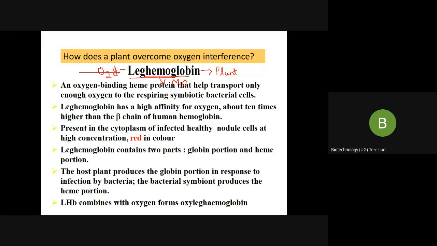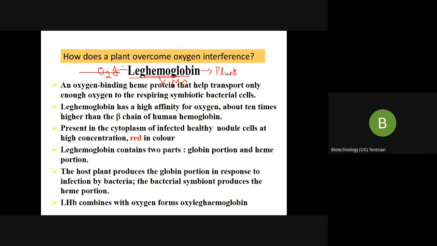So what happens is your leghemoglobin binds all available oxygen so that oxygen cannot interfere with the nitrogen fixation, and it can efficiently deliver the oxygen to the bacterial electron transfer system. Now your leghemoglobin formed in the rhizobium acts as a reservoir of oxygen. Hope you are understanding.